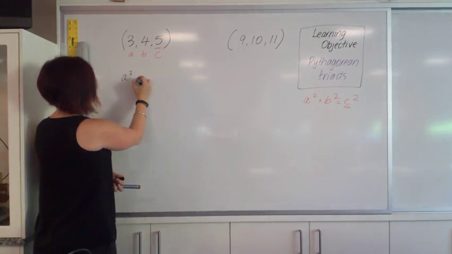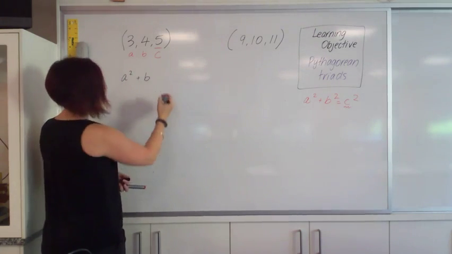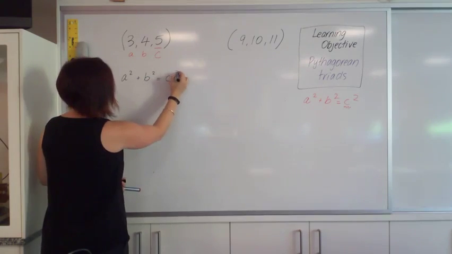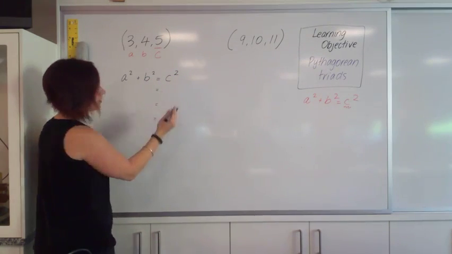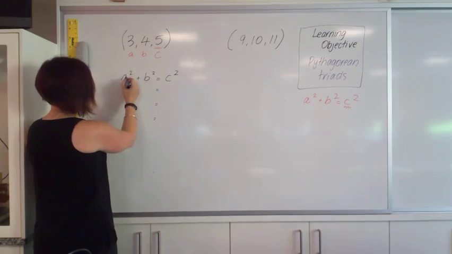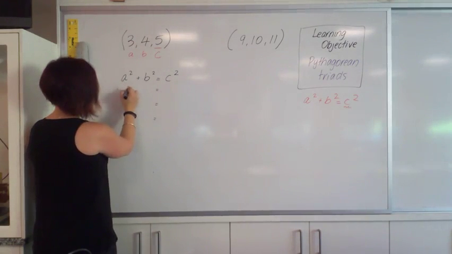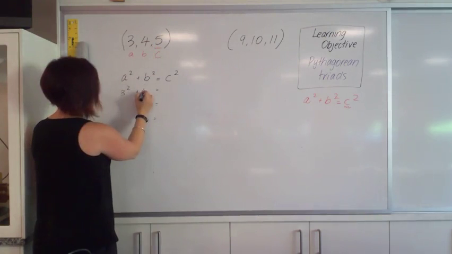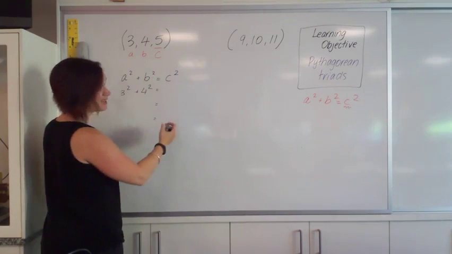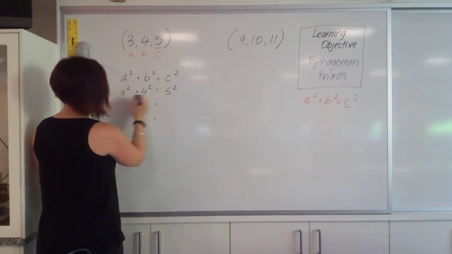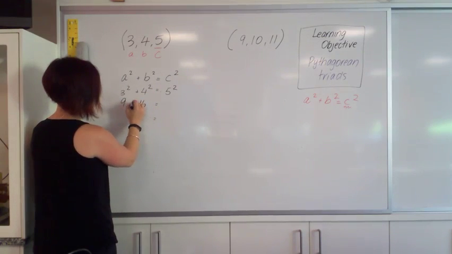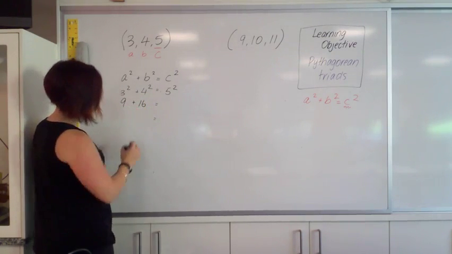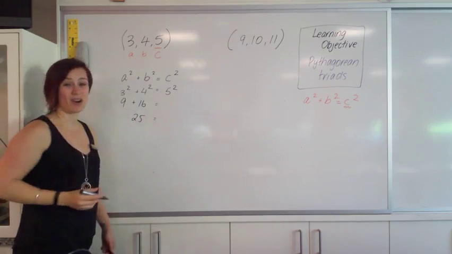So if it is a right angle and if it is a Pythagorean triad, it will work with this. And we're going to use this equal sign as kind of a balancing weight. So 3 squared plus 4 squared should equal 5 squared. 3 times 3 is 9, 4 times 4 is 16, and we know that 9 plus 16 is 25.